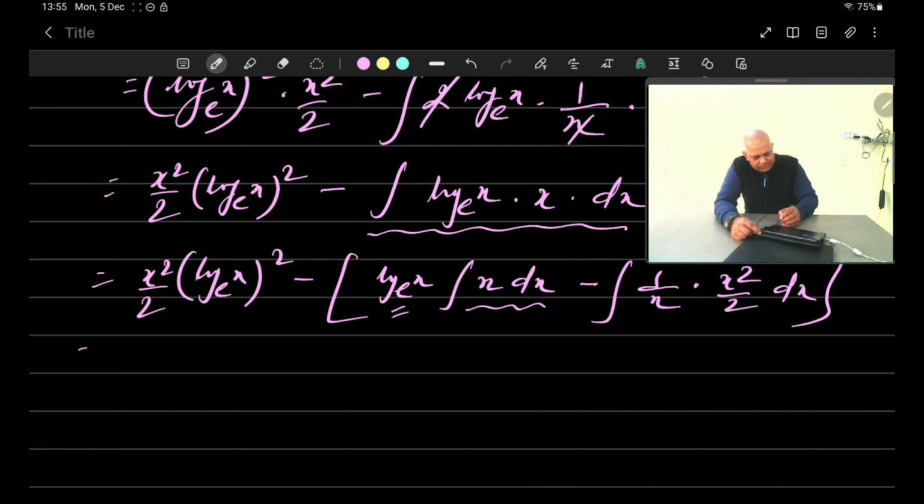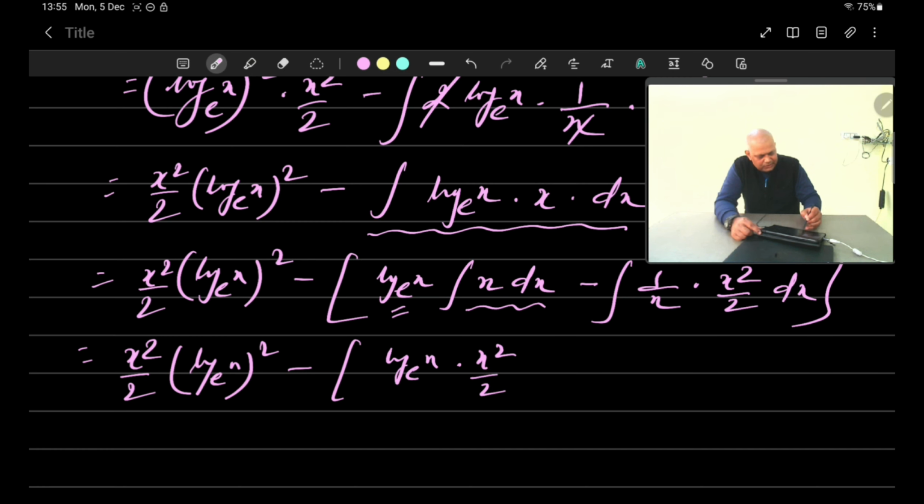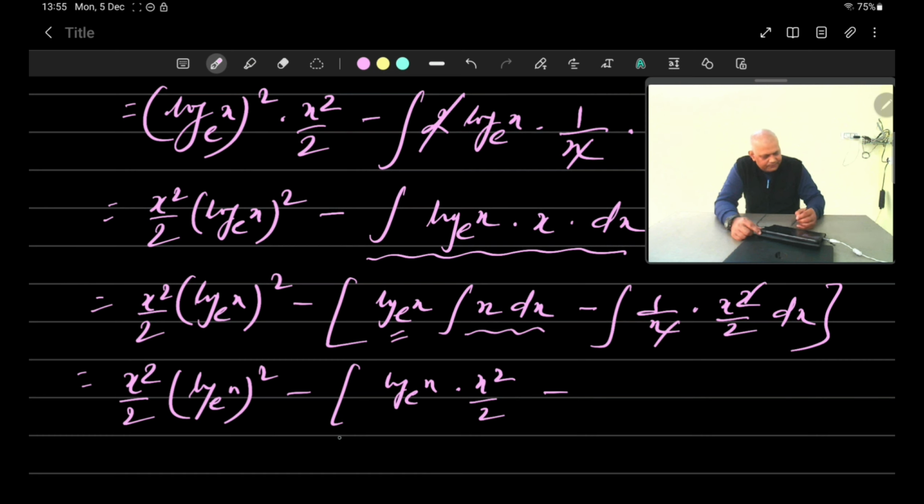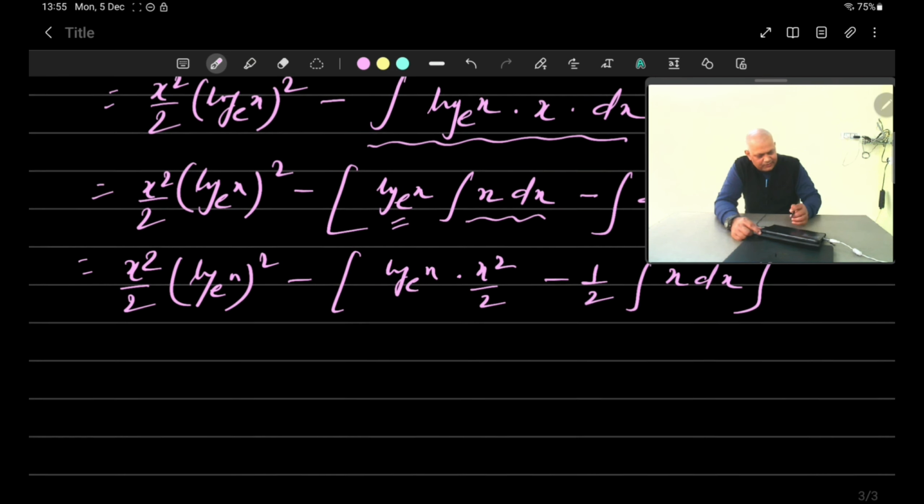So the answer becomes x squared by 2 and (log x) whole squared minus the integration of x, which is log x times x squared by 2, negative sign; just see here, this x will cancel, so this is minus half integration of x dx.